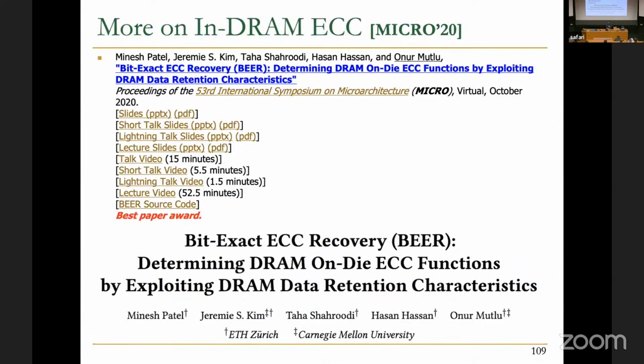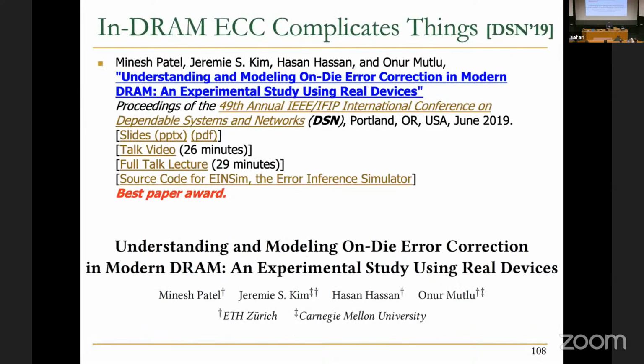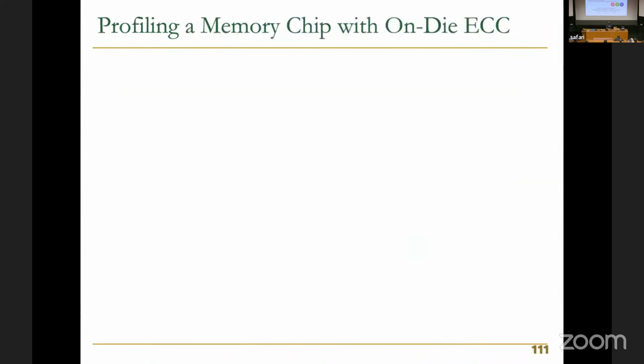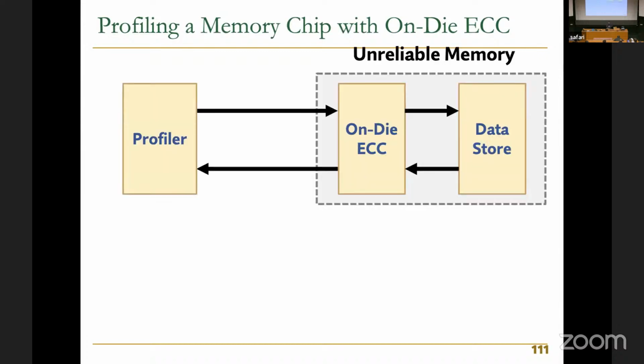So these works tackle that. The first one is Ein, the other one is Beer, and the last one is HARP. These three works altogether address how we can handle profiling when there is on-die ECC inside DRAM chips.